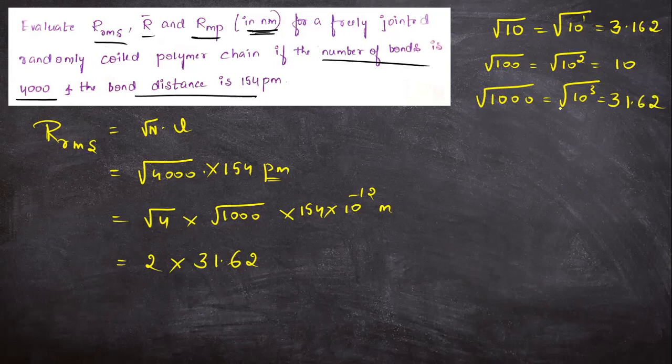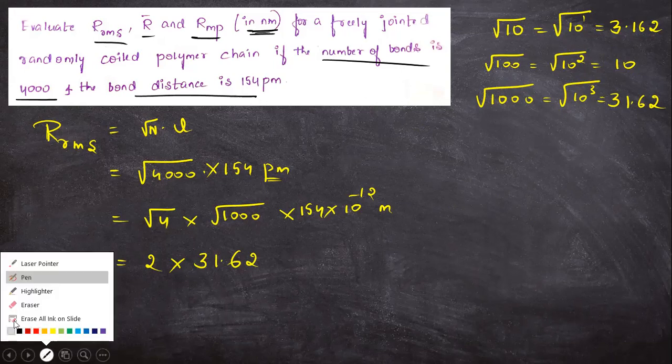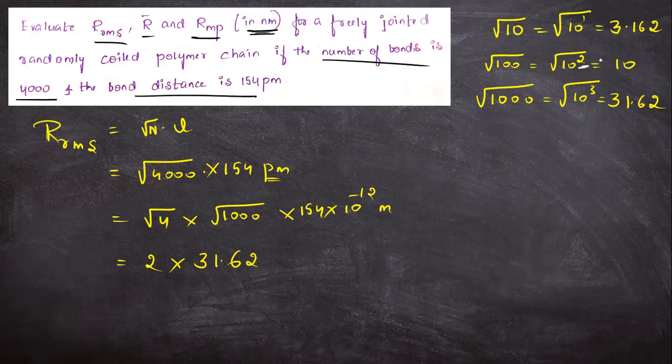So you can see these odd powers, like 10 raised to 1, 3. There is no problem with the even powers. Just concentrate on the odd ones. You need to remember 1, 3, 5 like that. Next, root of 10,000, 10 raised to 4, that will be 100, we know.